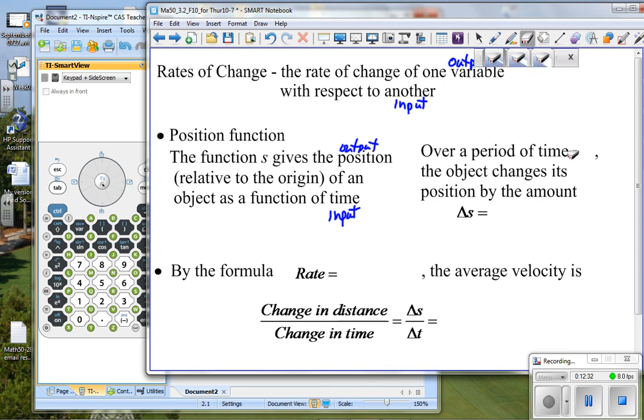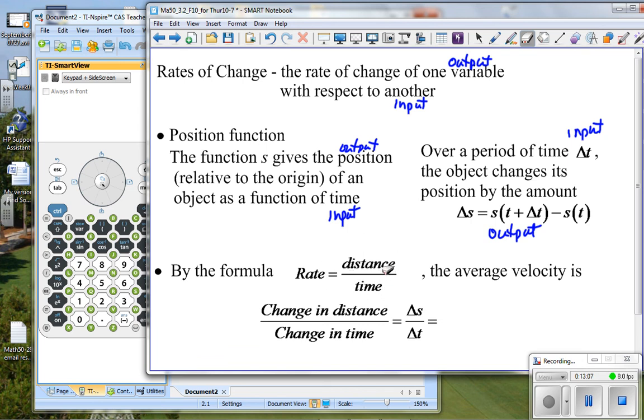We also then have that over a period of time, which will be defined as delta t, the object changes its position by an amount of s of t plus delta t minus s of t. This again is input, delta t is input, and this would then be an output. Okay, if we're looking at rate, you know distance is rate times time.